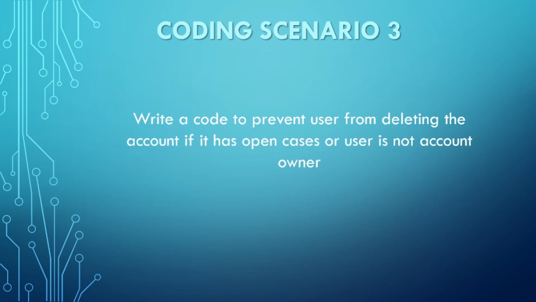before or after? Now, we have to prevent the record from deletion, which means we have to perform that operation on the record which has initiated the trigger. And as we have discussed in our previous videos, if you have to perform some action on the records which have initiated the DML, it will be a before context.